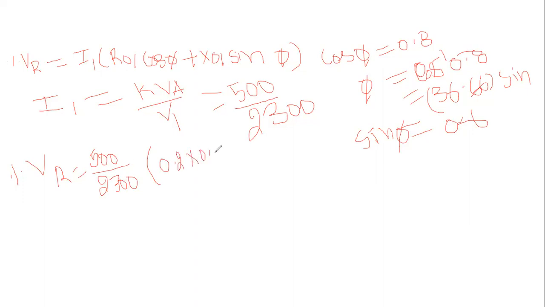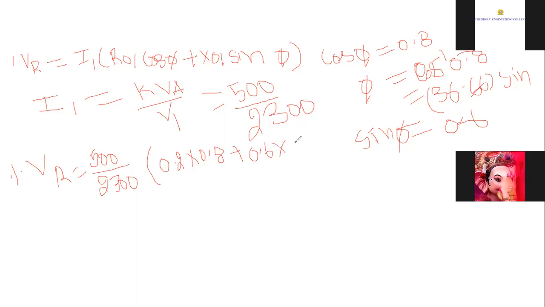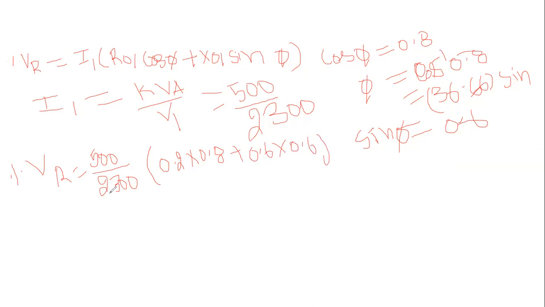That is 0.8 plus X01. What is X01? 0.6 into sin phi, which is also 0.6. Therefore, voltage regulation is I1 R01 cos phi plus I1 X01 sin phi, by V1.